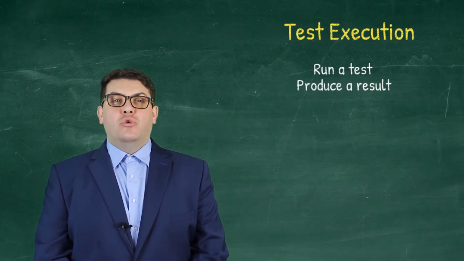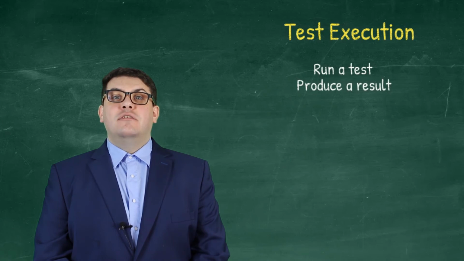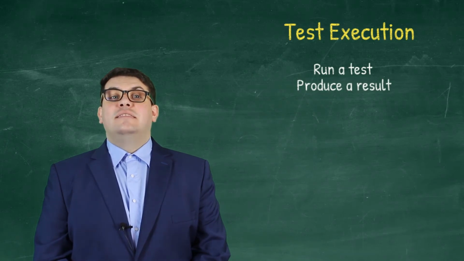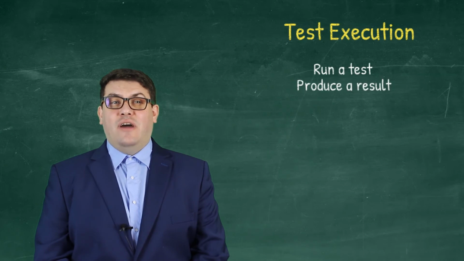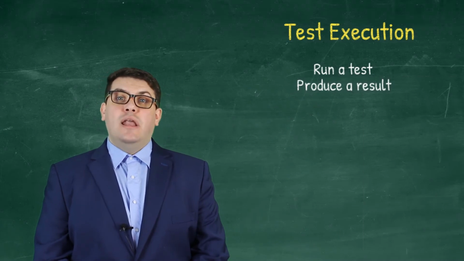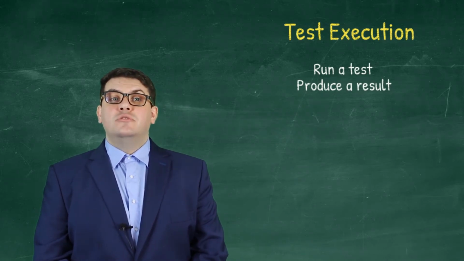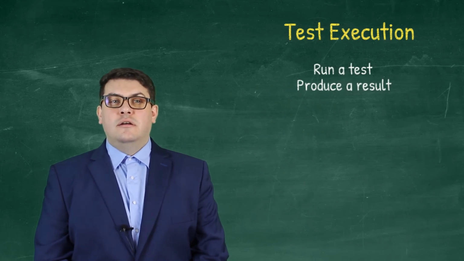We need to make sure that the following are finished before we start test execution. Tests are agreed, or at least tests are defined. The tools are in place. We just discussed this during test implementation. And the tools, not only the testing tools, but also the test management tools are ready before we start.